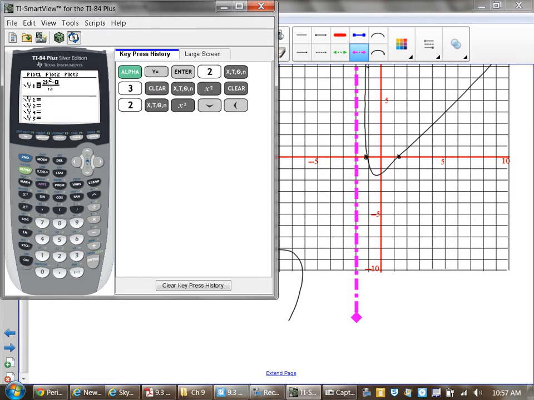I hate this stupid thing. It is so slow.